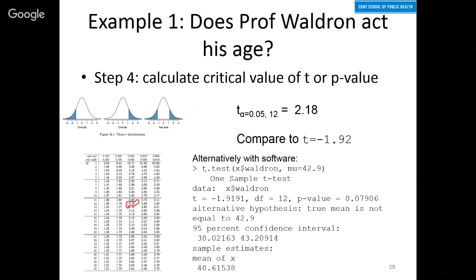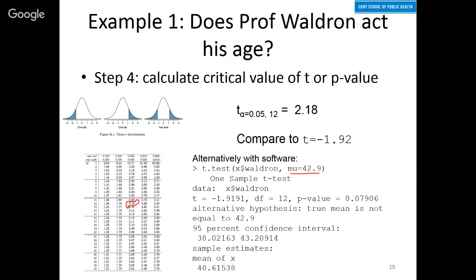Alternatively, with the software, just doing a t-test here and specifying what the mean is under the null hypothesis. You can do this also by subtracting 42.9 from all of the values, but I just specified it. It calculated the same value of t, minus 1.92, told us 12 degrees of freedom, and gave us a p-value of 0.079.